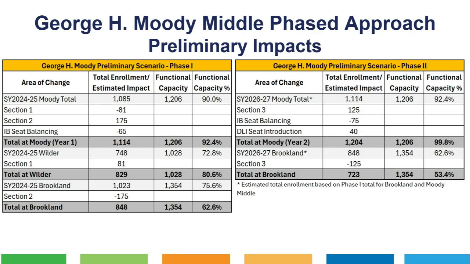These are conservative estimates, so while the numbers used are larger than potential, this also starts at 2027-28, which is the first year of the DLI program. So we would expect an increase just for DLI seats. However, most are by Holiday, it's the Holiday feeder pattern anyway. Yes. Okay, thank you for that clarity.